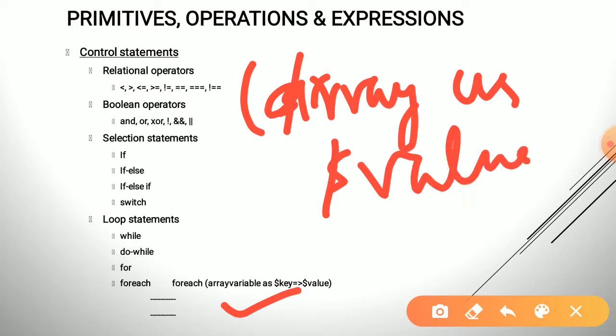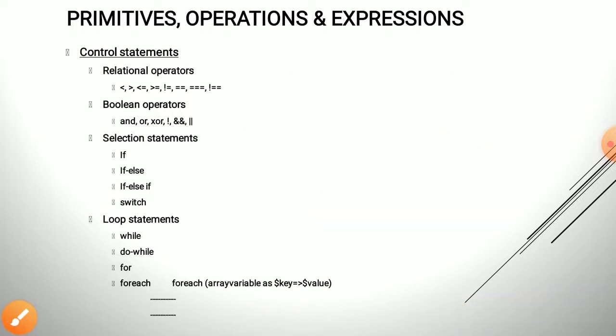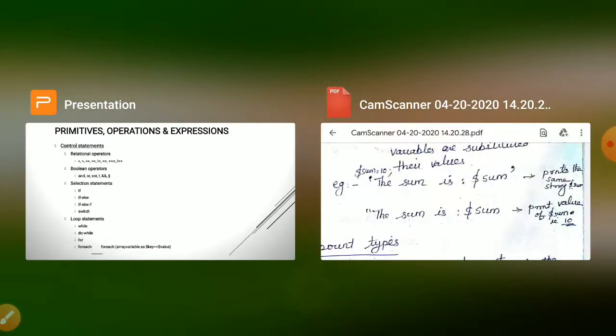So it can take two formats like this. This foreach loop loops over the array, and each value of the current array element is assigned to $value, and the array pointer is automatically advanced by 1 to go to the next element in the array.